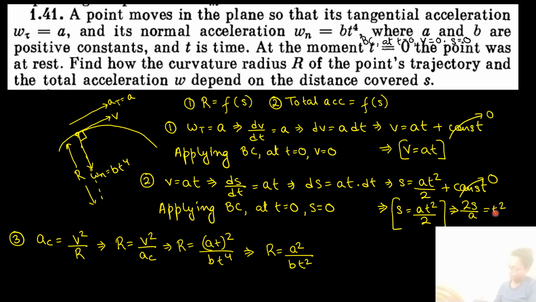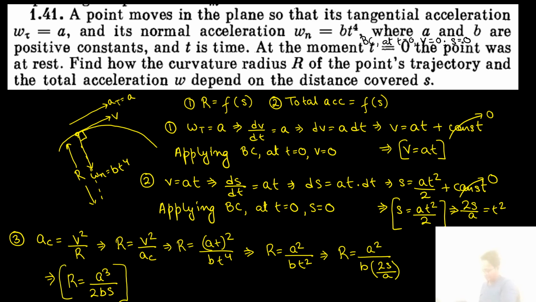So now when we substitute this t square here, we get r as a function of s. r equals a square by b into 2s by a, or r equals a cube by 2bs. So we have found the first part of the question, r as a function of s.